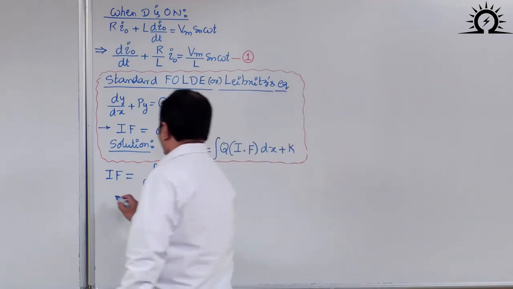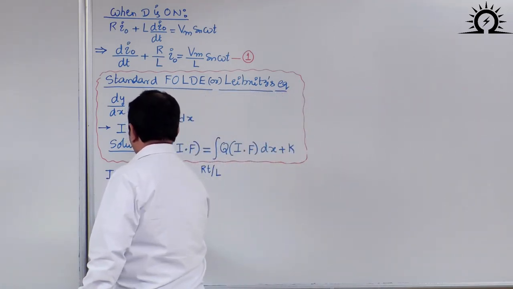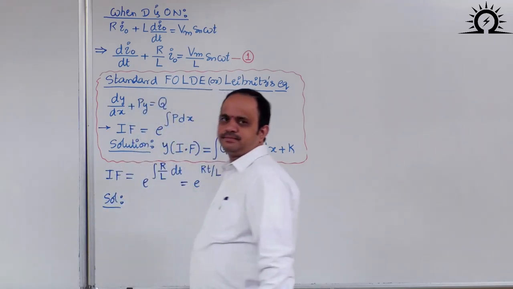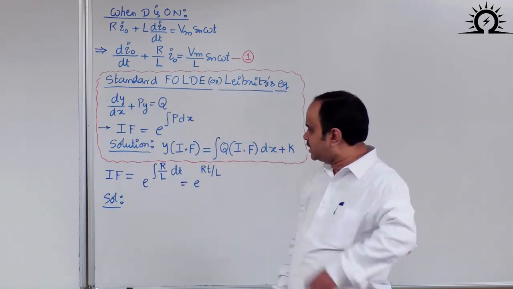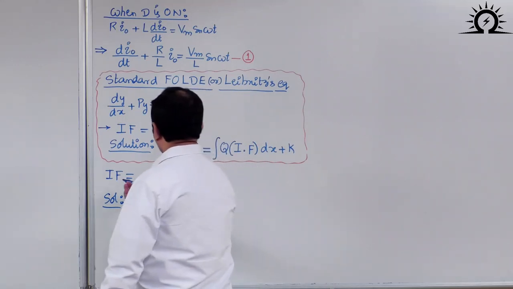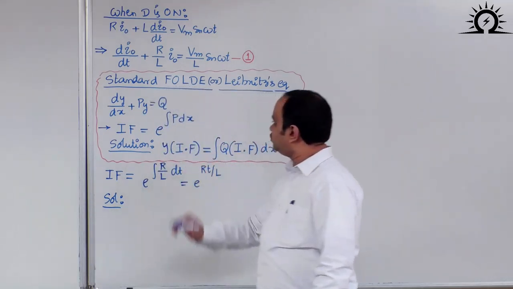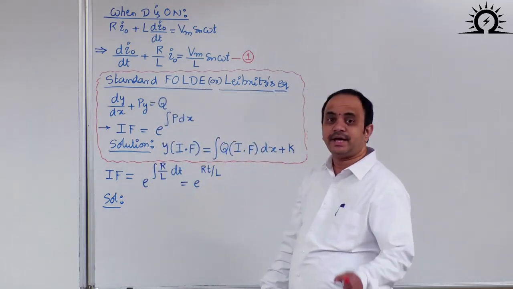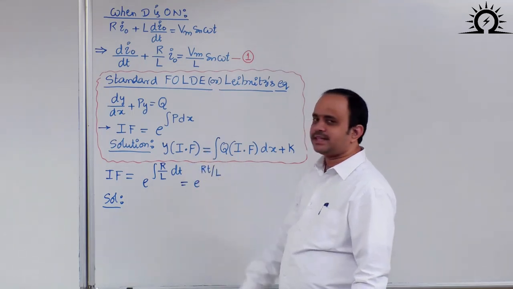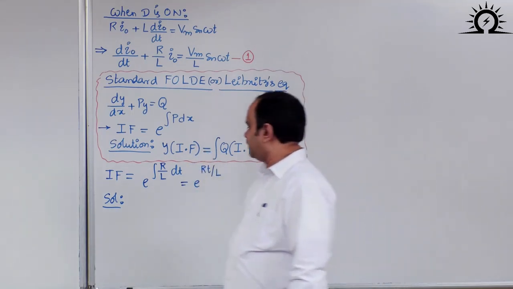After that, let us write down the solution. What is the function we are interested to find out? That is I naught. In our standard mathematical form that was y.